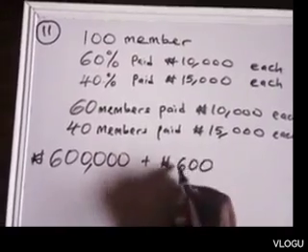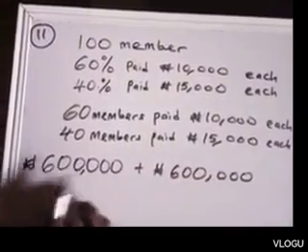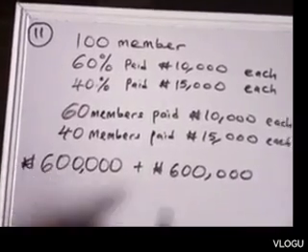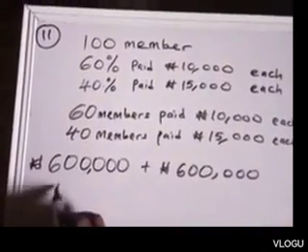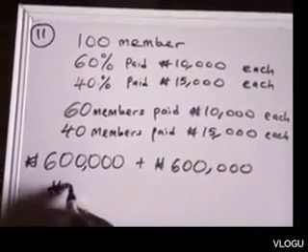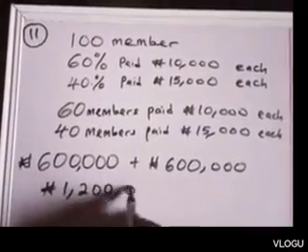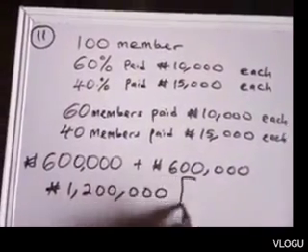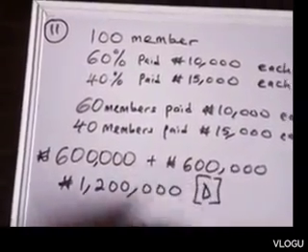You can do that on a rough sheet at home. Then we're going to add it together. 600,000 added to 600,000 gives us 1,200,000 naira, and that is option D.